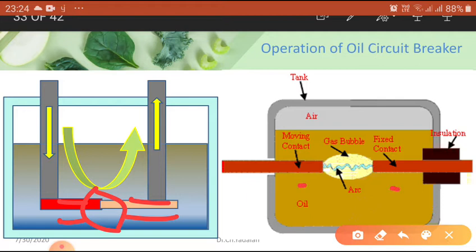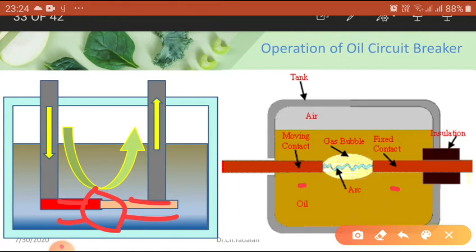When separation of the contacts has just started, the distance between the contacts is small. As a result, the voltage gradient between the contacts becomes very, very high. That voltage easily ionizes the medium between the two contacts. This high voltage gradient ionizes the oil and consequently initiates arcing between the contacts.